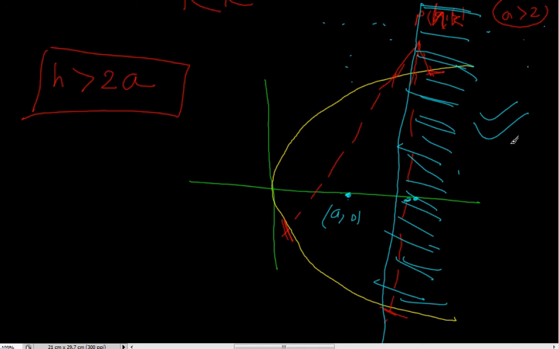If you take that into account, your problem will be solved. So H is greater than 2A.